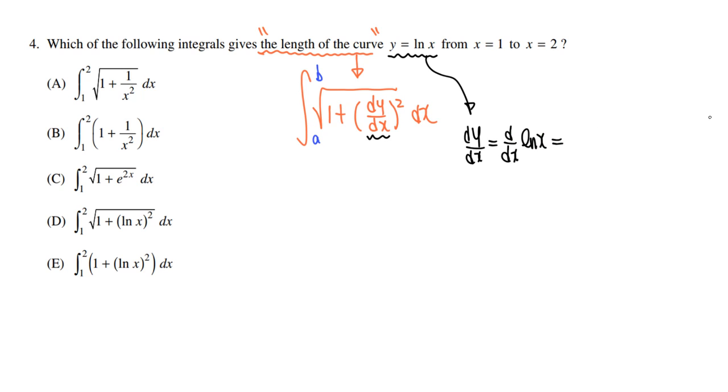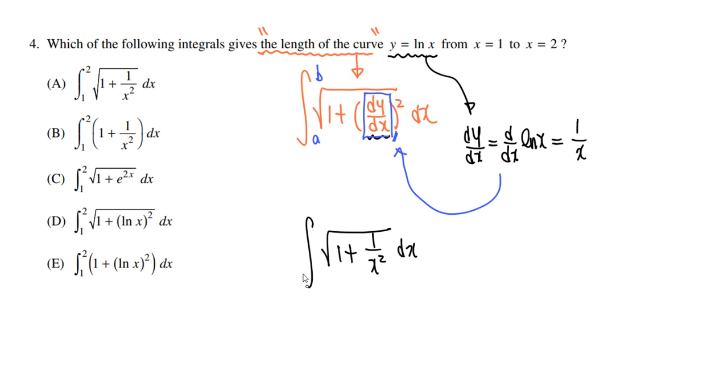The derivative of the natural logarithm of x is 1 over x, so the square root of 1 plus (1/x) squared dx can be here, and the interval of this integration is from 1 to 2, so 1 and 2 can be here. So I think I can make it.